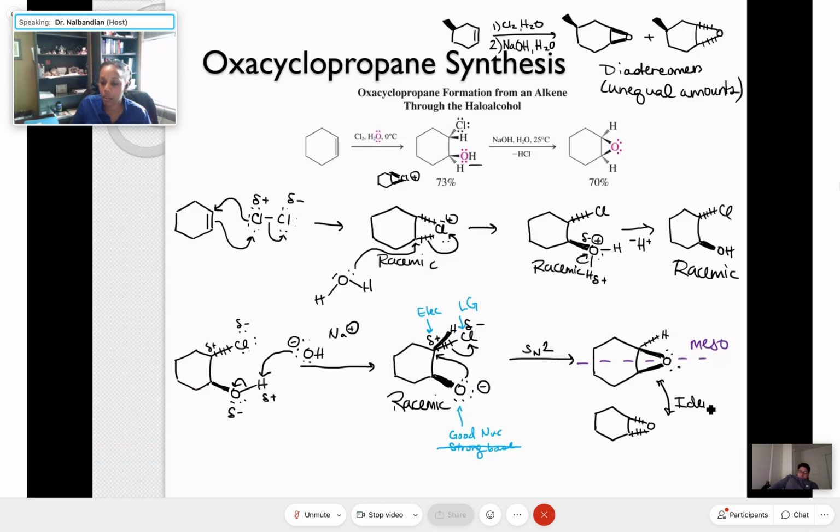Because it is meso. These two are identical. They're not enantiomers of one another. They are identical. So they are superimposable mirror images. But here we would get diastereomers formed in unequal amounts if we had some other stereochemistry elsewhere. Questions on this?